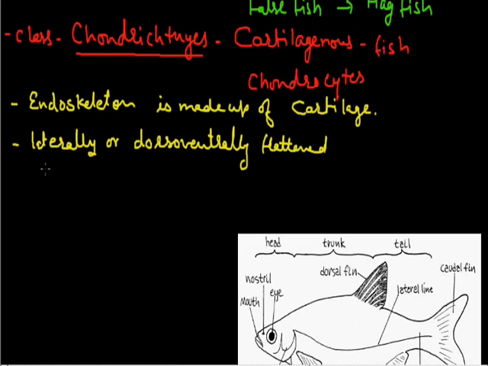The shape of the animal is spindle-like, because fishes live in water, in fresh water as well as in marine water. So they need a specific shape, the spindle shape, through which they can easily swim in the water.